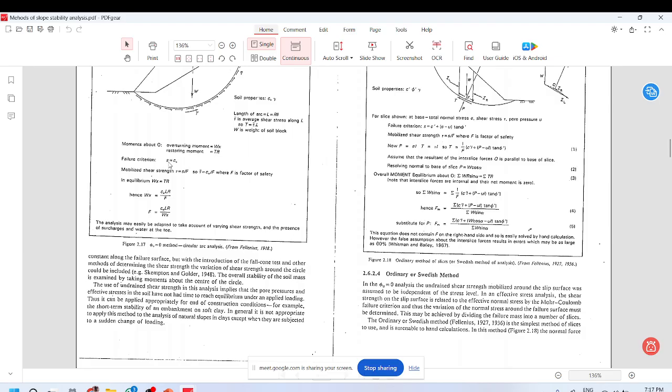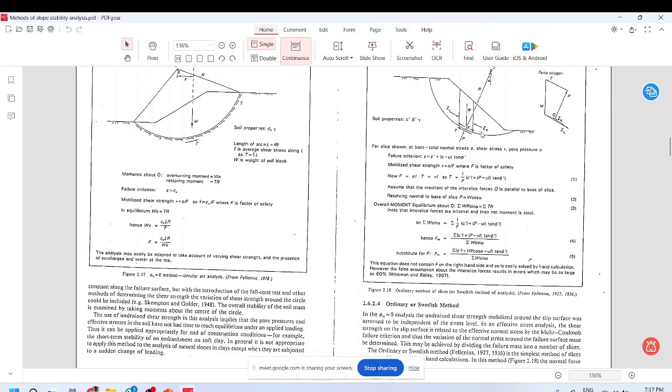For the complete failure surface, it will be Cu multiplied by the length of the failure surface. So we are taking it independent of the stress level. It does not matter how deep your radius or the failure surface is. If it's shallow, there is no effect of the normal stresses, isn't it?